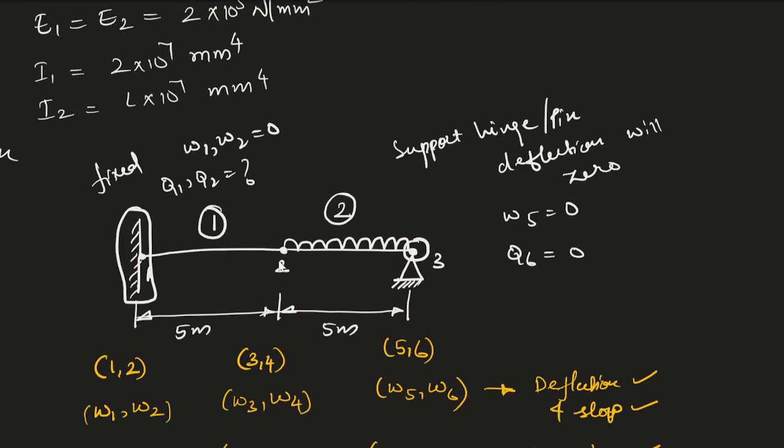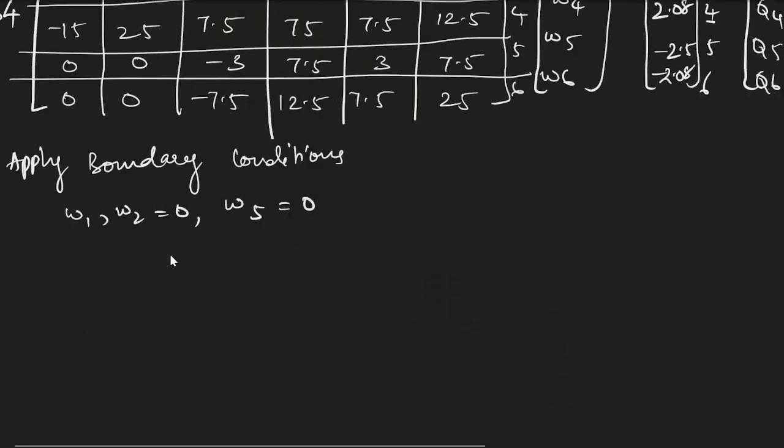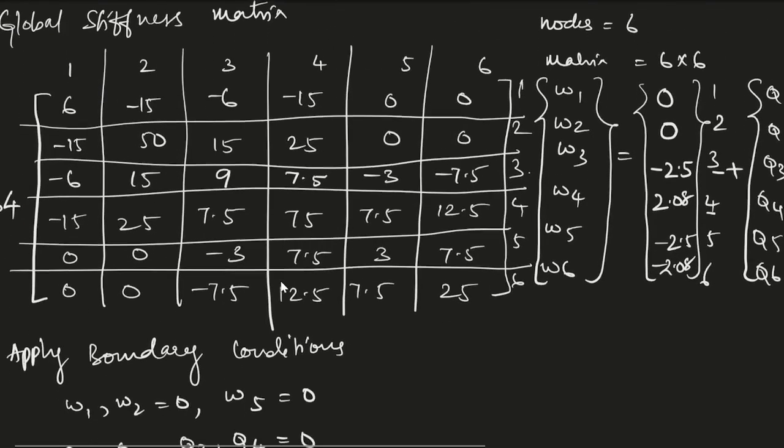In the second node we don't have any values, so we can take it as 0. We're not given anything. And in the middle node, that is the third node, q3 and q4 will become 0. Here they are not given any values, so they will be zeros.